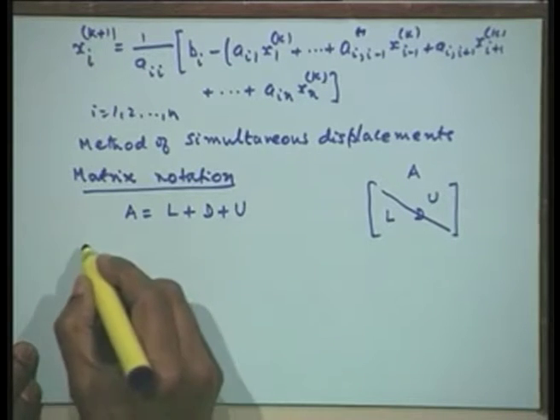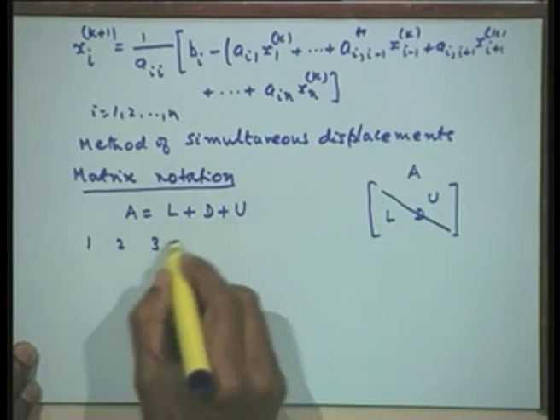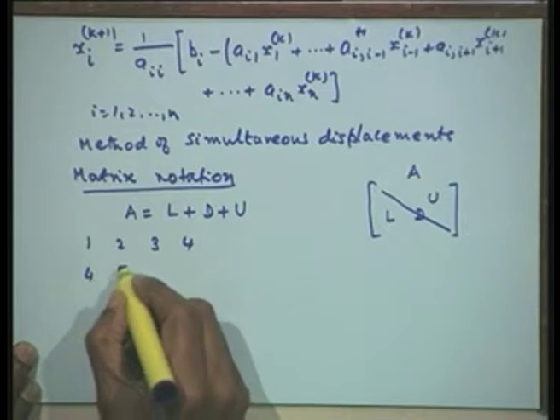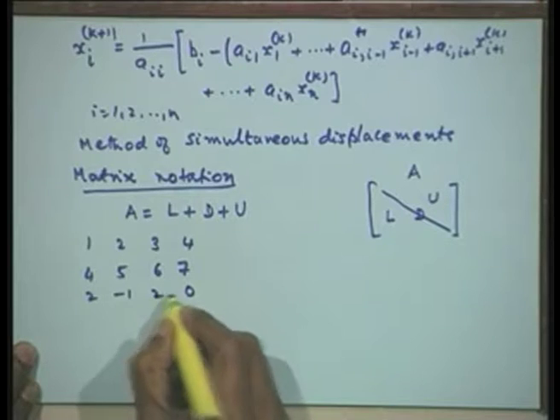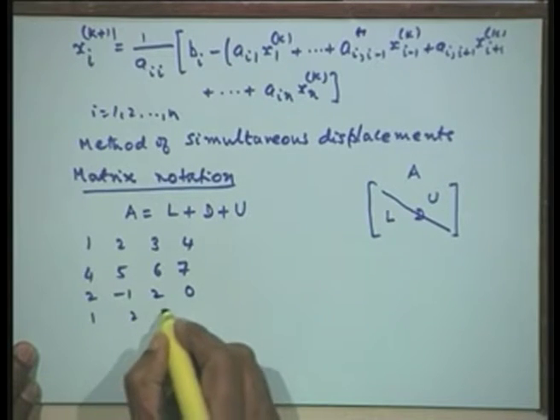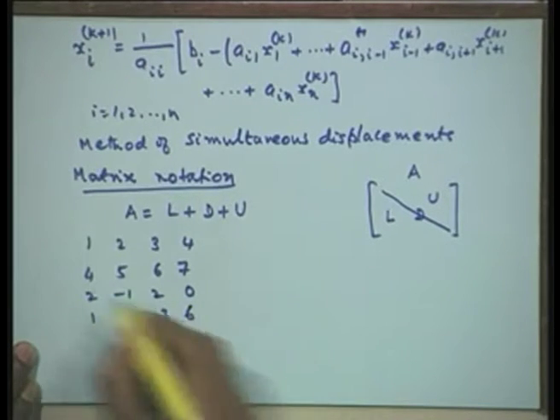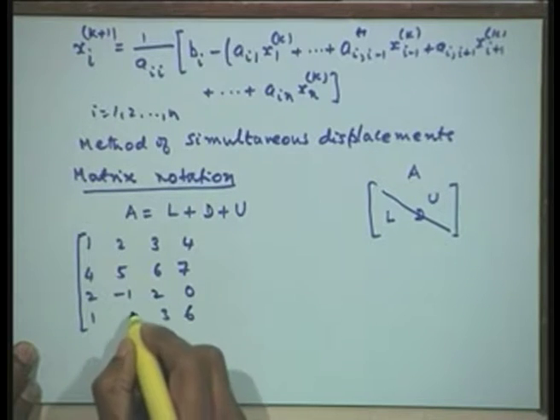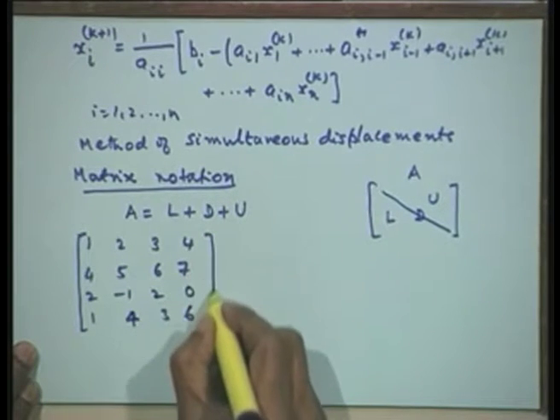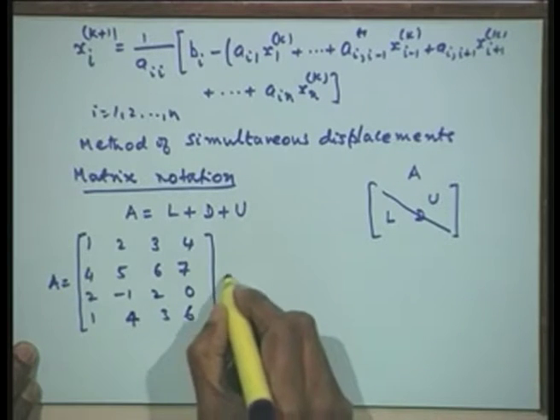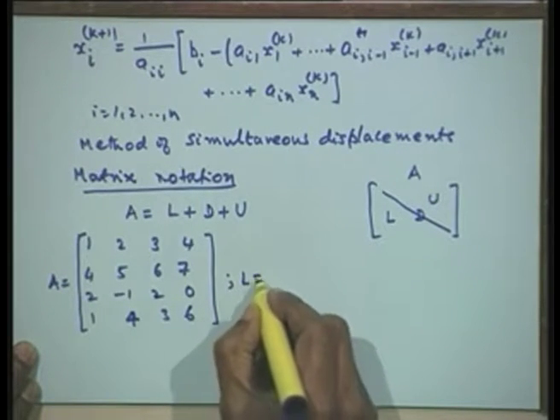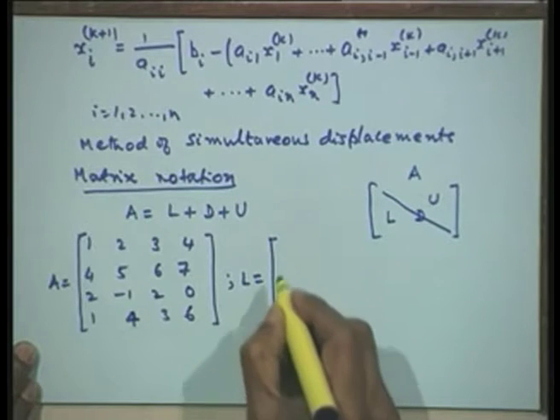For example, let us take a matrix 1 2 3 4, 4 5 6 7, 2 minus 2 2, 0 2 0 1 2 3 6, or let us change it: 1 4 3 6. Now, if this is the matrix A given to us, then I am defining L as the strictly lower triangular part.